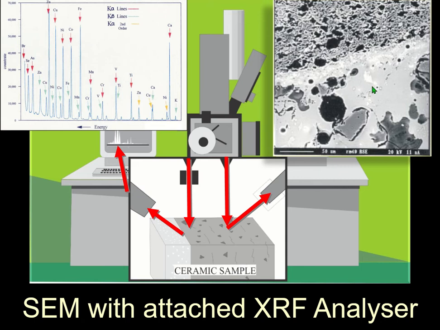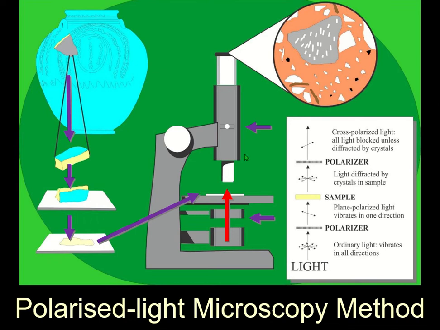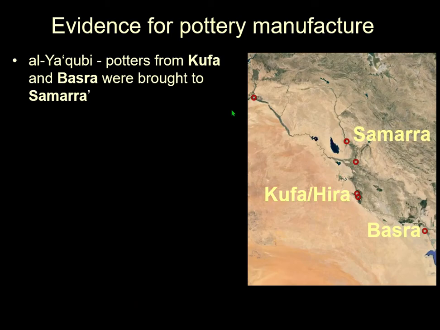So by doing this, you can blast a little piece here to find out what the chemical composition is. And so this is a very useful technique. And of course, we use polarized light microscopy, which I hope you don't need an overview of, because, you know, we're well into the course by now.